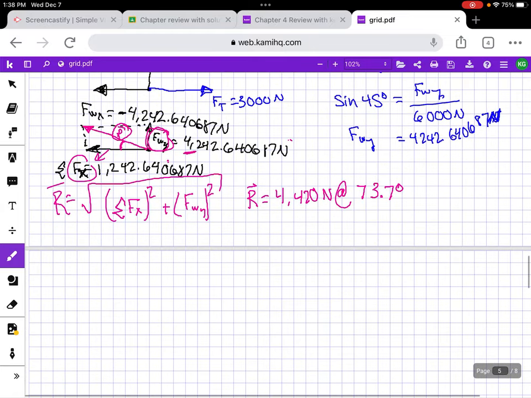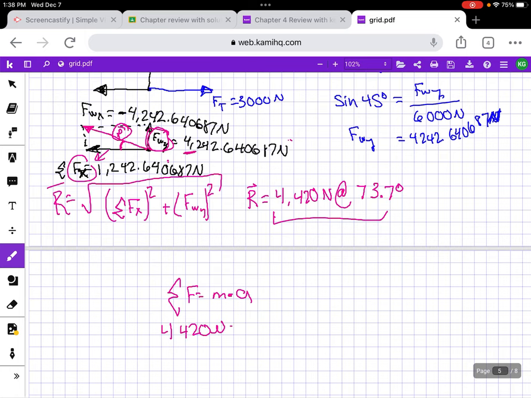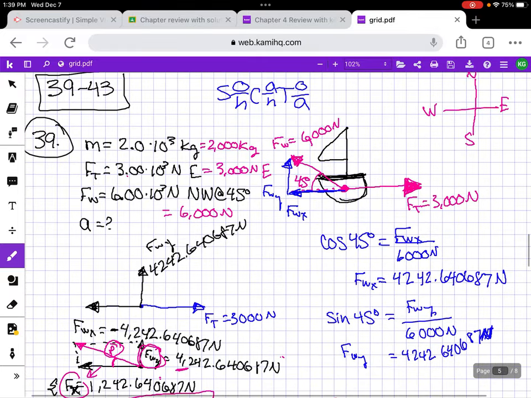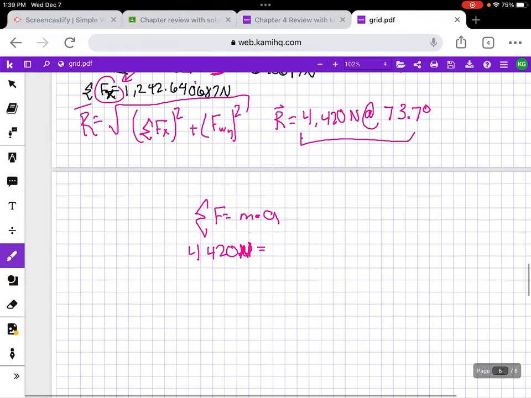Now, the acceleration is what we're actually looking for. So if my resultant net force is this, I am going to set my net force equal to mass times acceleration. So 4,420 newtons is equal to mass, which they told us was 2,000 kilograms, times acceleration.